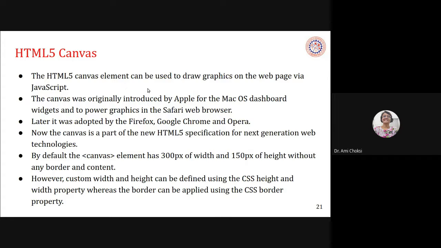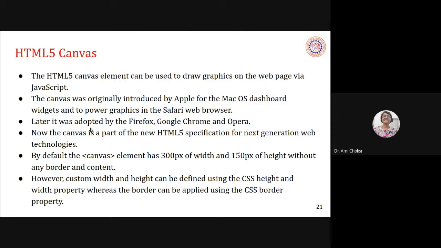The HTML5 canvas element can be used to draw graphics on the web page via JavaScript. That is known to you now. The canvas was originally introduced by Apple for the Mac OS dashboard widgets and to power graphics in the Safari web browser.